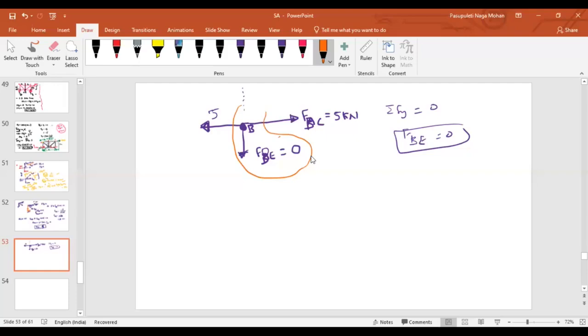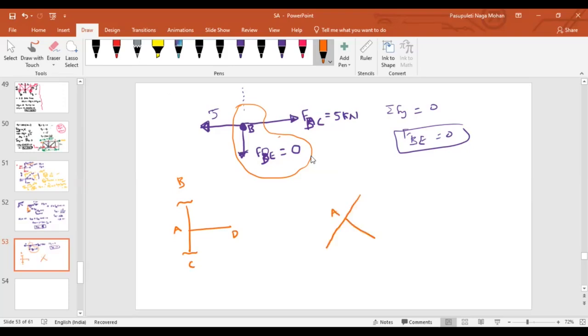This is one of the most common questions in GATE or in ECE, where you have to identify the zero force members. Okay, now let me give you 3 different cases. This is member A, member B, joint C, joint D. Forget about the other cases.